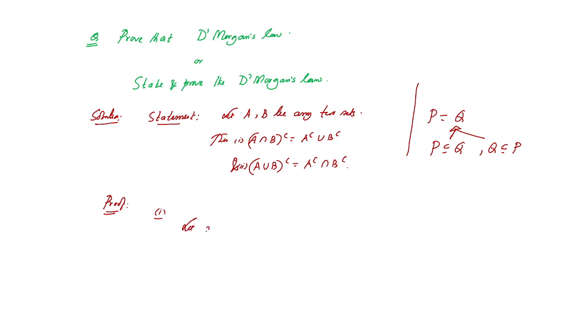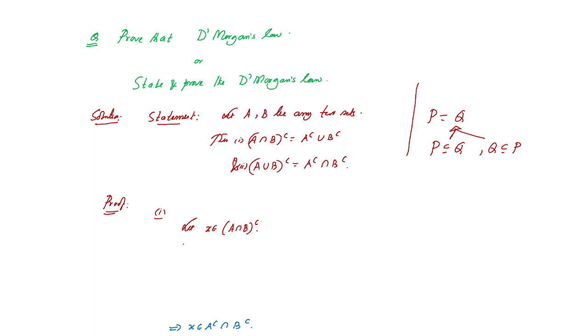We take an element X belonging to (A intersection B) complement. What we will show from that is X belongs to A complement intersection B complement. This is our target.